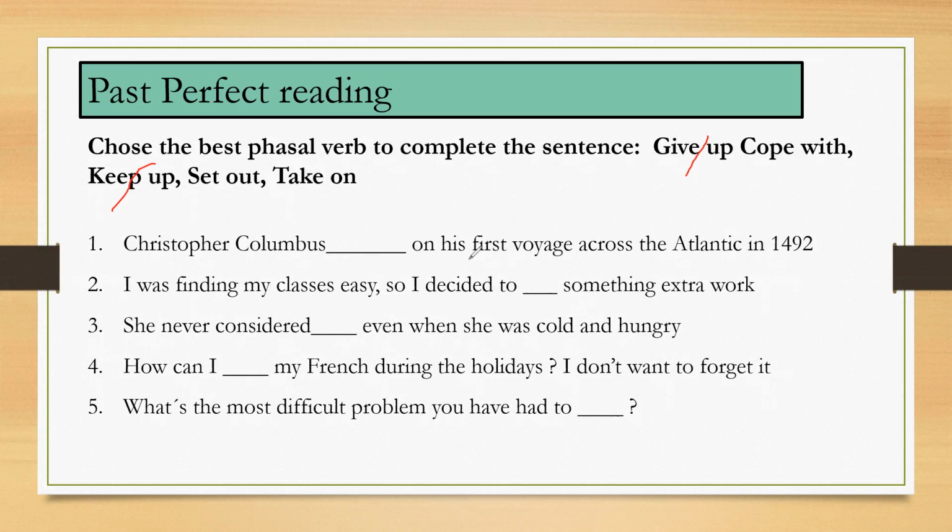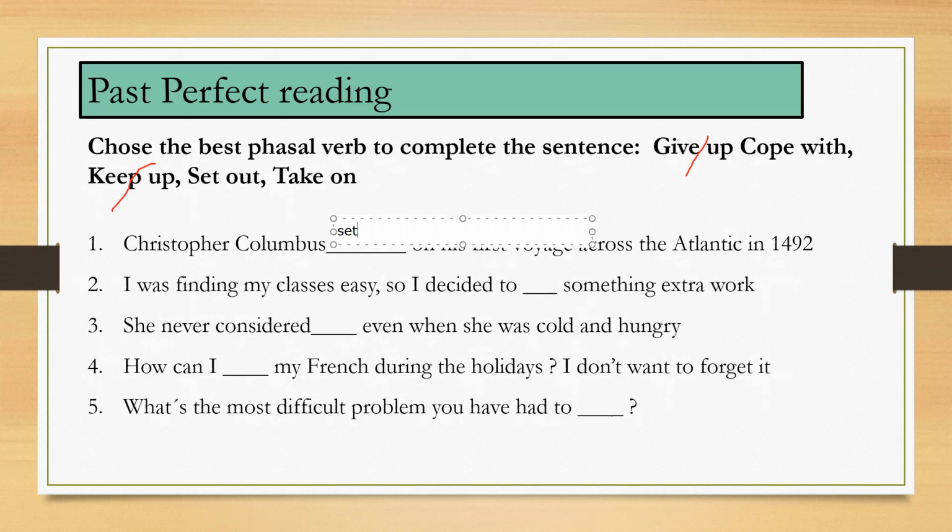Christopher Columbus on his first voyage in 1492. What do you think? Start a journey, take a challenge, or deal with a difficulty? Okay, I'm going to answer the first one because otherwise we will run out of time.